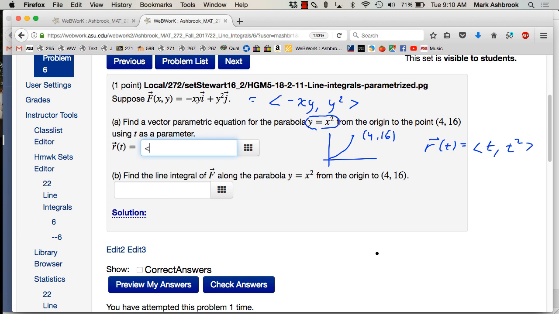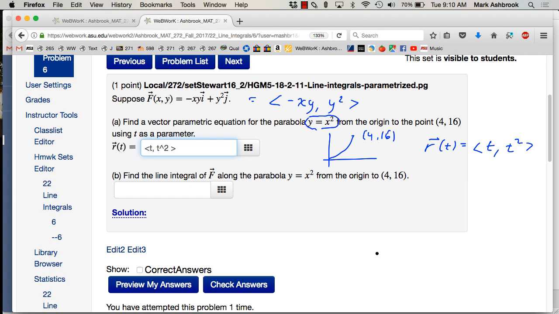And then we also have line segments, which we should know how to parameterize, and then circles, right? Kind of the three major categories of these paths that we have to parameterize, and they all have a different way of doing it. But these are kind of the easiest, t and t squared.